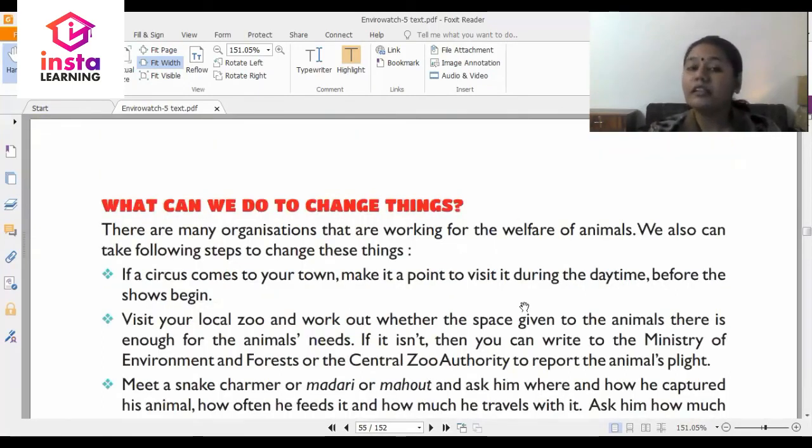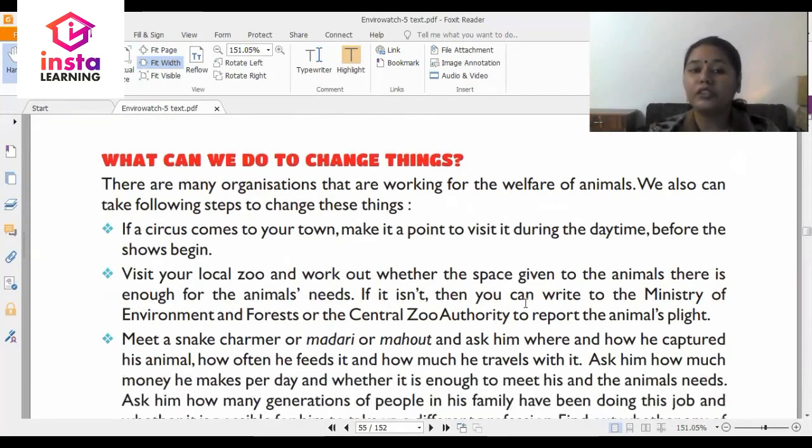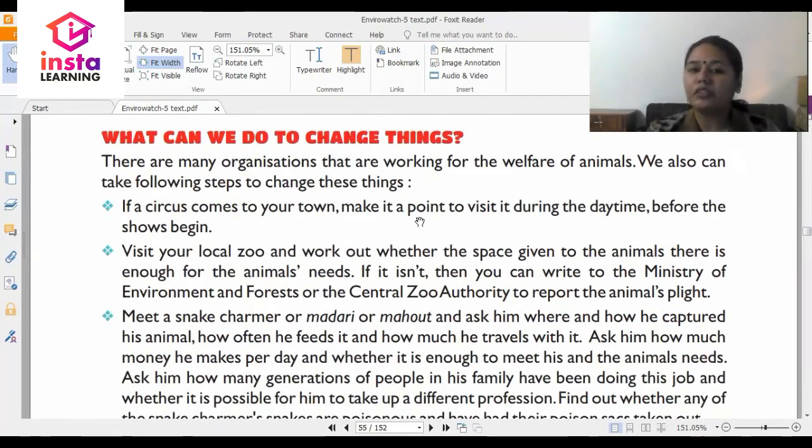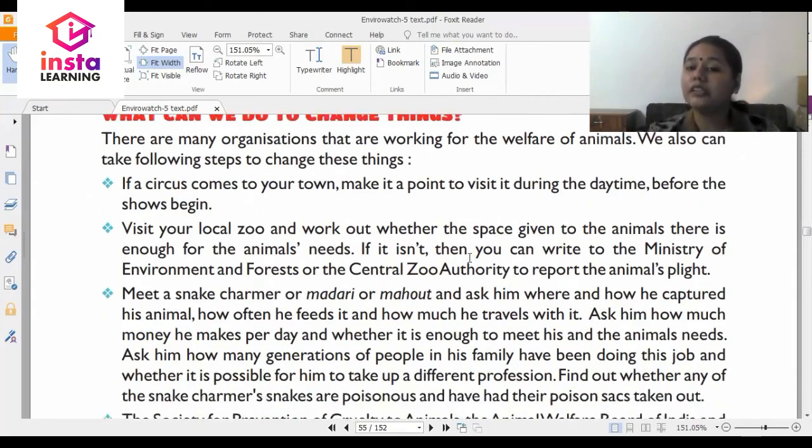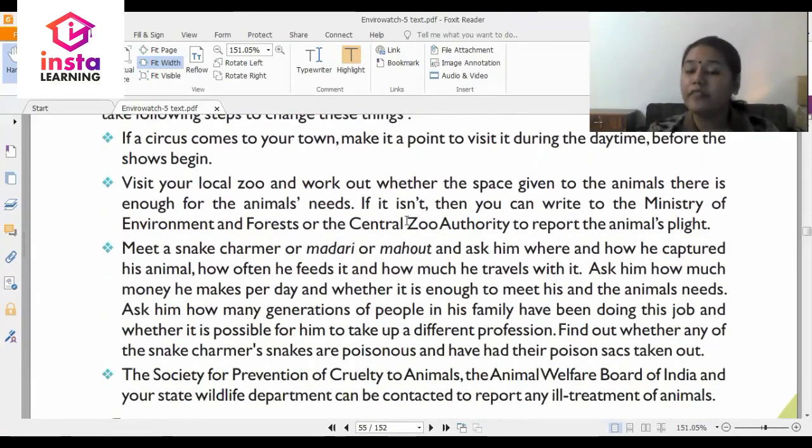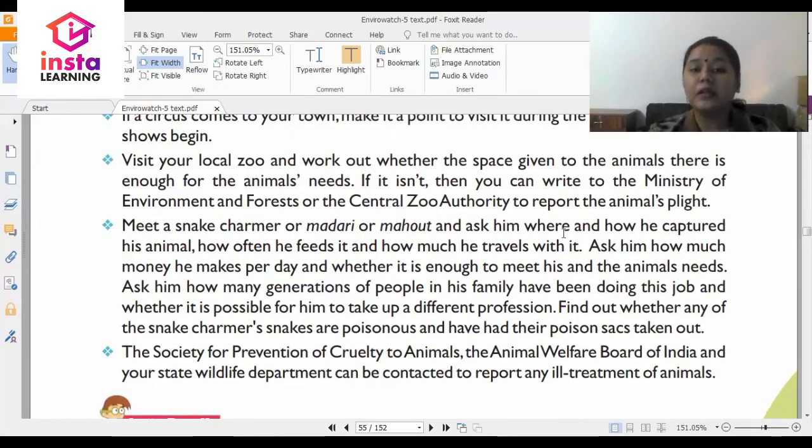So, what can we do to change these things? If a circus comes to your town, make it a point to visit it during the time before the show begins. Visit your local zoo and work out whether the space given to the animals is enough or not. If it isn't, then you can write to the Ministry of Environment and Forest or the Central Zoo Authority to report the animals' plight, that is, the condition of animals.